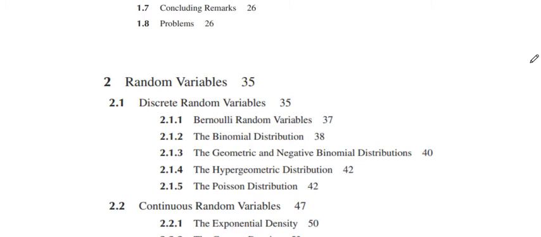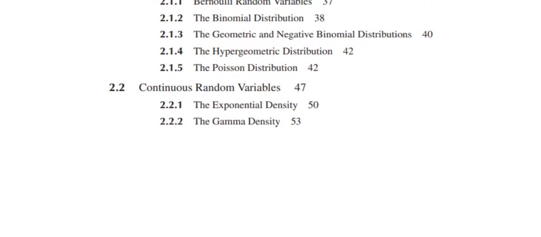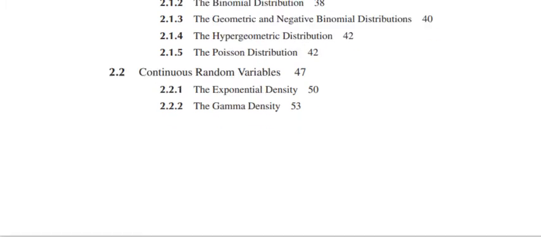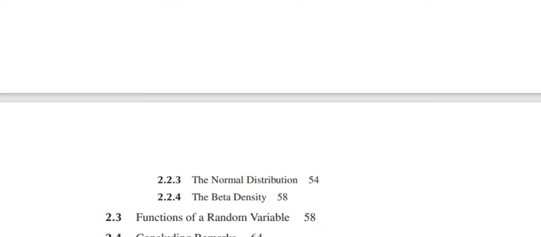If you try many times, then we have binomial distribution, right? Then we have a geometric distribution. So these are typical discrete distributions. And for continuous distribution, we have exponential distribution and gamma distribution, and the typical normal distribution and also beta distribution.